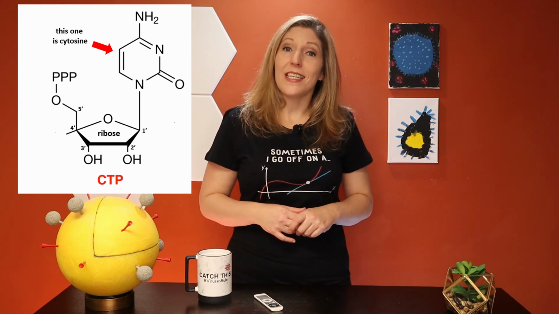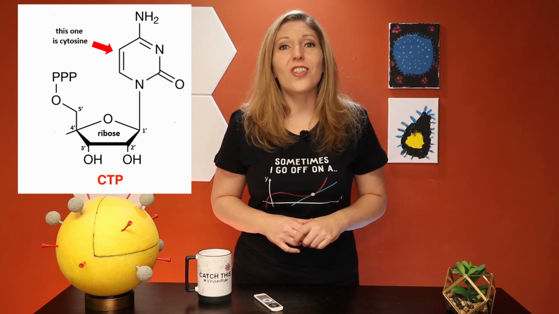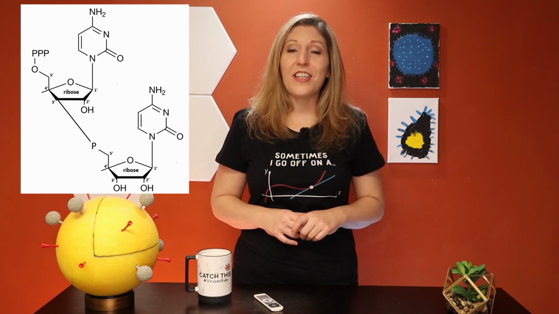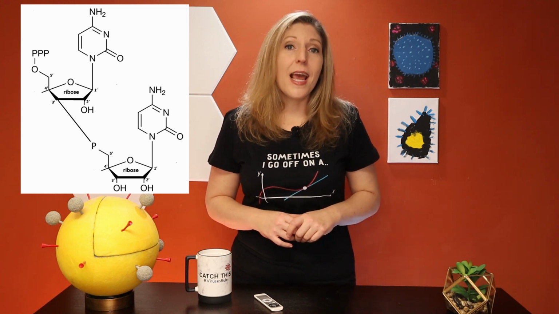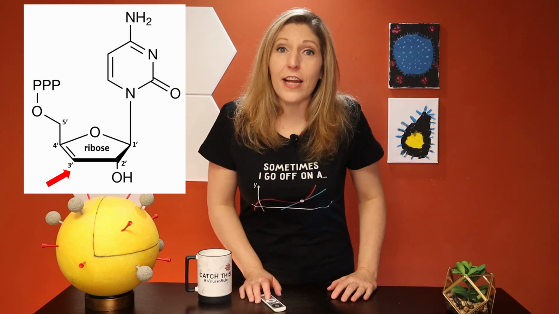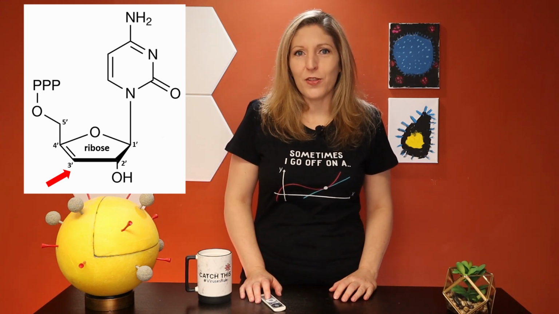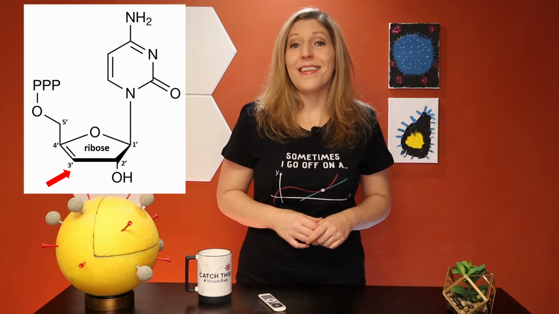Addition of this CTP to the end of a replicating RNA strand results in loss of 2 of its phosphates and connection of the remaining phosphate to the 3' hydroxyl of the ribose in the preceding nucleotide in the strand. If a ribose doesn't have that hydroxyl at its 3' carbon, then this would prevent the binding of a subsequent nucleotide and would thus make that nucleotide the last one in the chain.